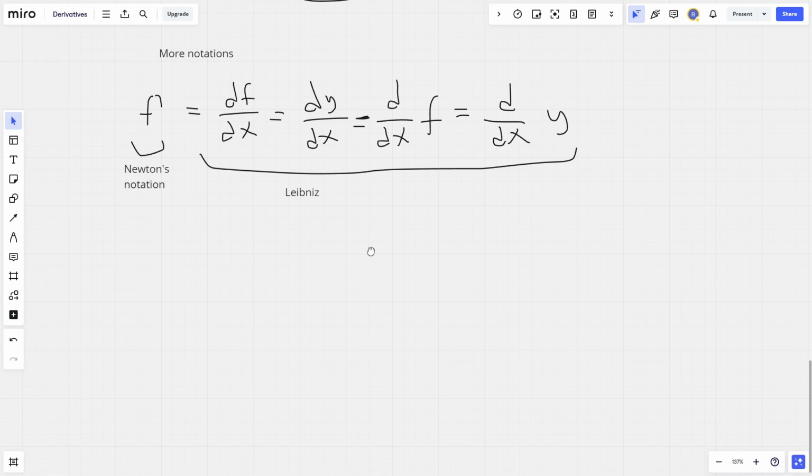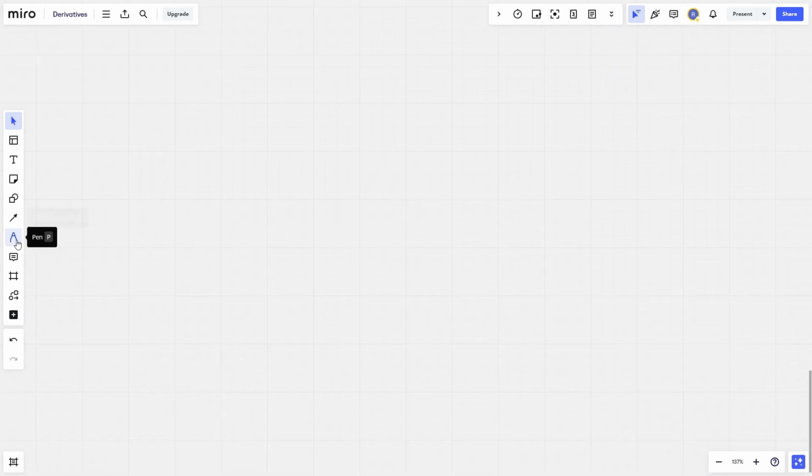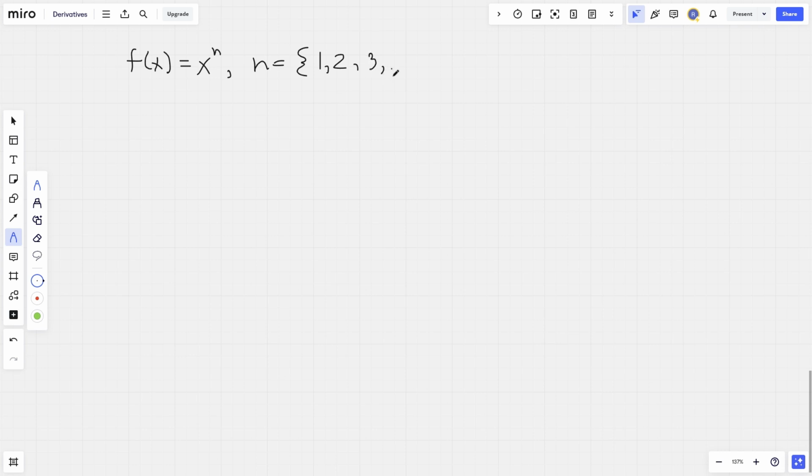Now let's look at our final problem for the day. Let's say I have the function x to the n, where n could be any natural number, right? So we need to find the derivative of x to the n.